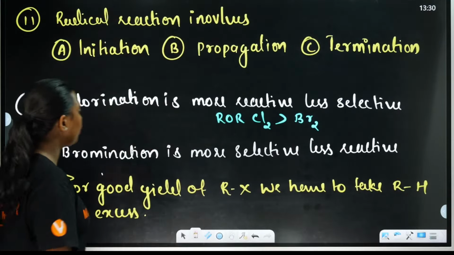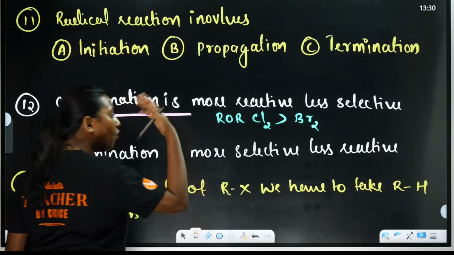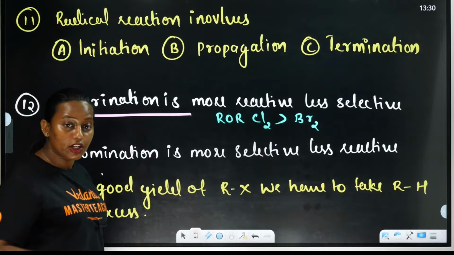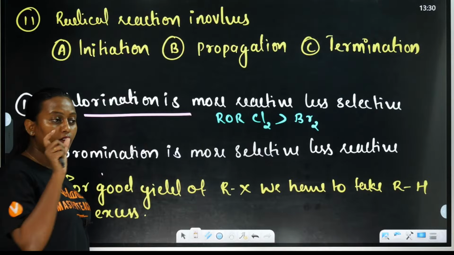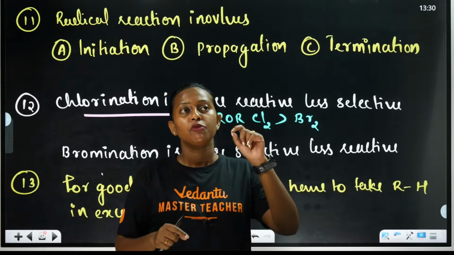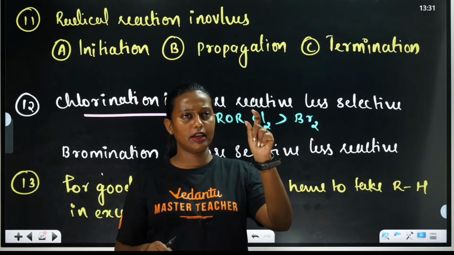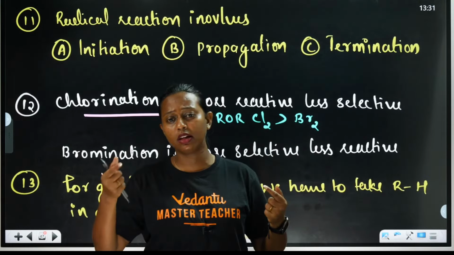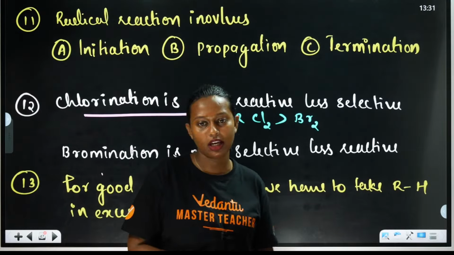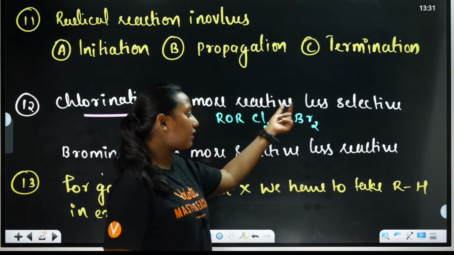Chlorination is more reactive, less selective. Less selective means we cannot say that tertiary will happen or primary will happen; it depends on the number of hydrogens.